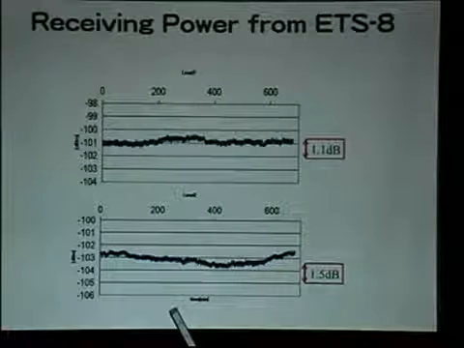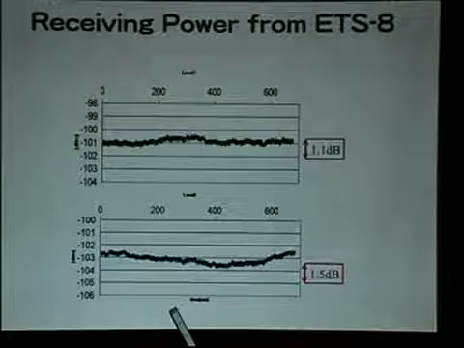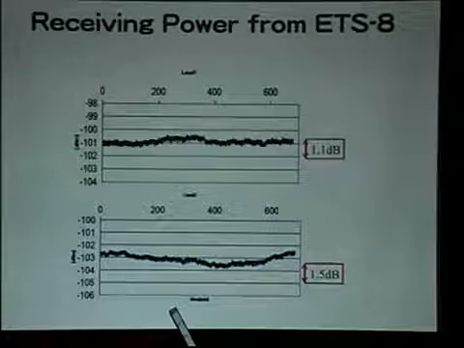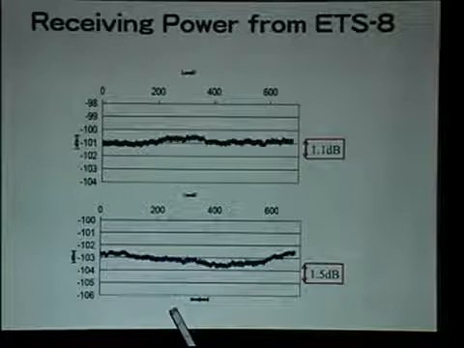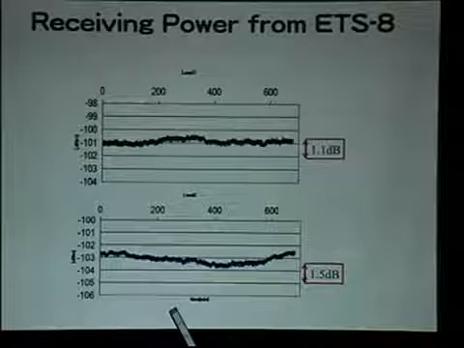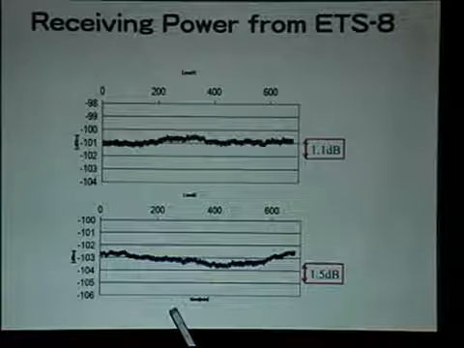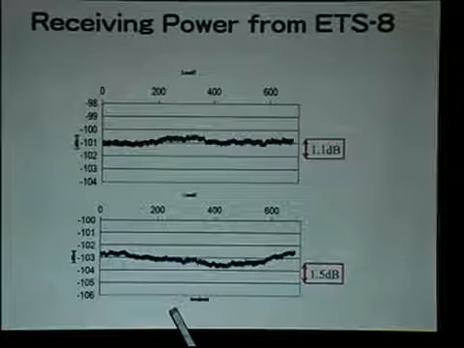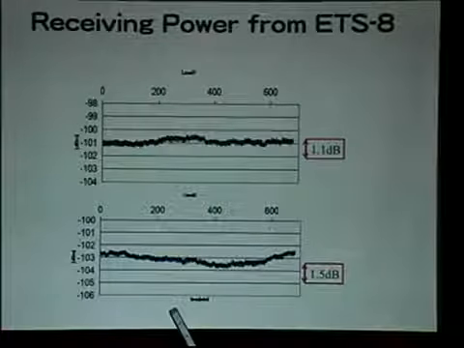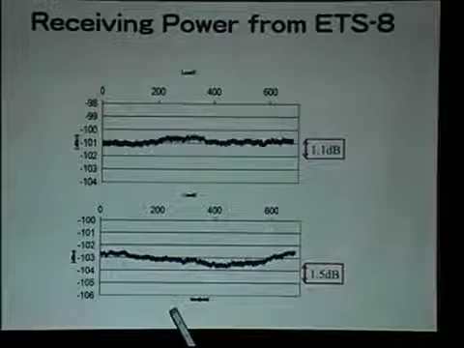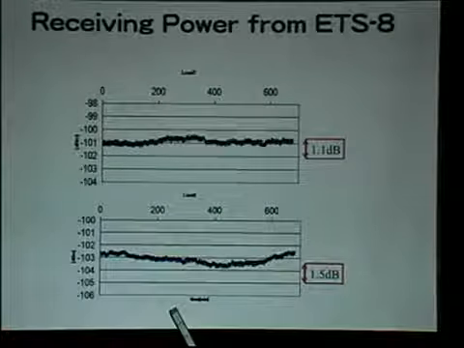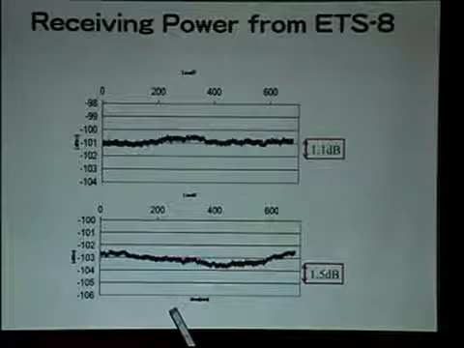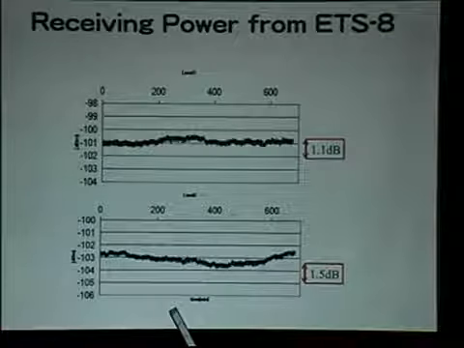This is the data from receiving power from ETS-8. The horizontal axis is time, and this is the receiving power. The variation is very small, only 1.1 dB, and in this case only 1.5 dB.